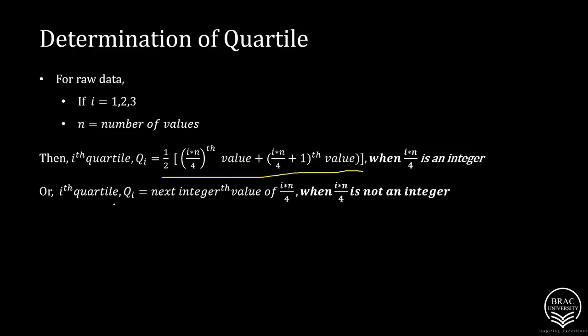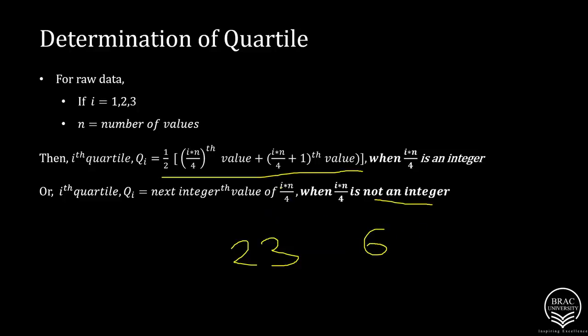Or the ith quartile is the next integer value of i times n by 4, where i times n by 4 is not an integer. So if there are 23 values, then the first quartile will be the next integer of n by 4, that is the 6th value.